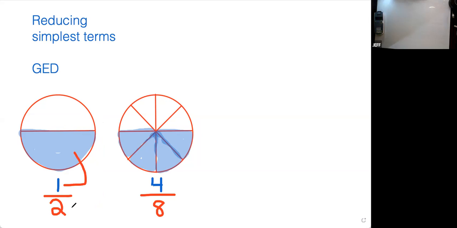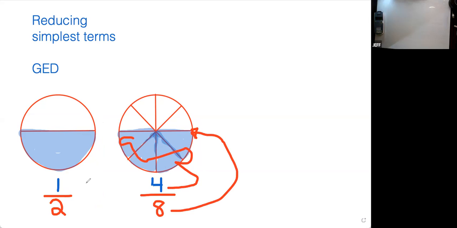So the whole goes on the bottom, the part goes on top. It's always part over whole. And 1/2 is the same thing as if I took the same pizza and cut it up into 8 pieces and I ate 4 of them. That's the total number of pieces, sorry, and this is the number that I ate. 4 out of 8 is the same amount of pizza as 1 out of 2.